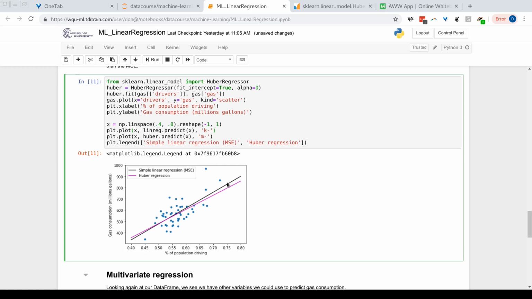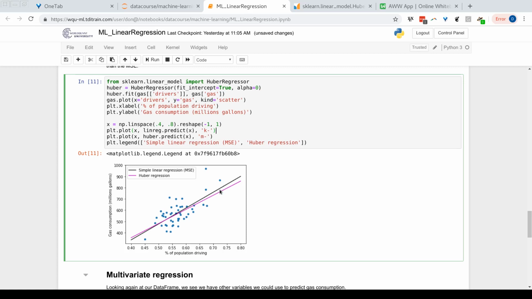So the standard linear regression with the square loss is in black, and the Huber-Loss is in purple. Notice what you see from this figure. What is happening here? Since the Huber-Loss uses a linear loss for most of its space, these outliers are no longer going to have a great influence on the shape of our model, the slope of our line.